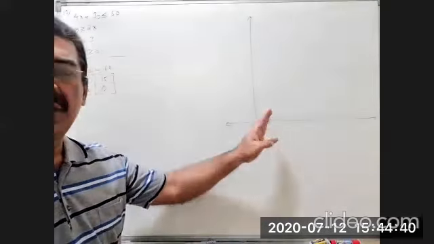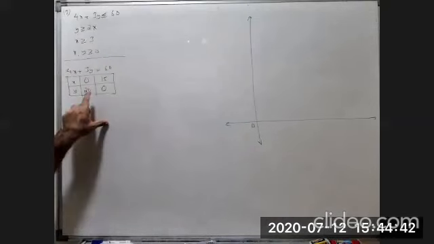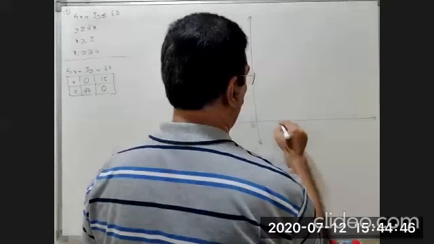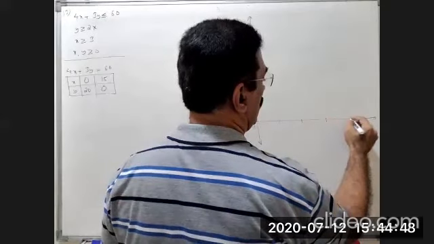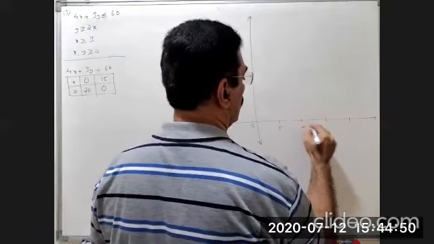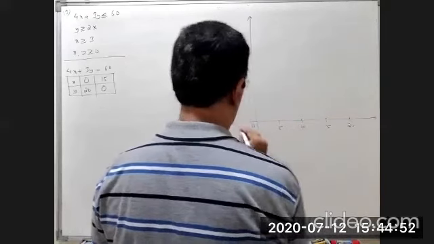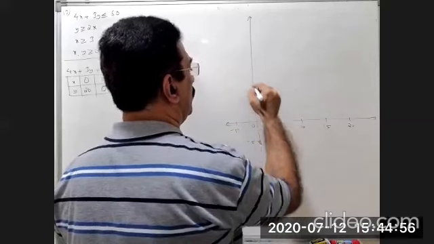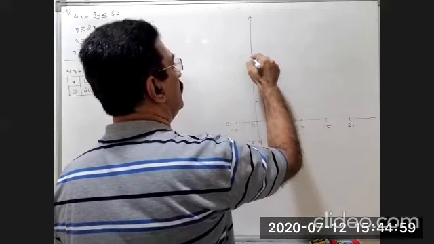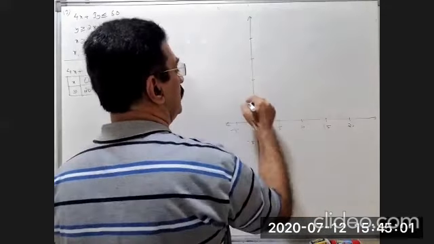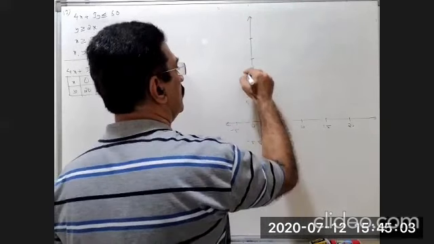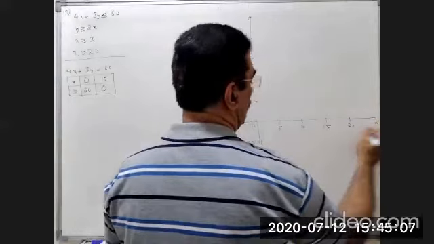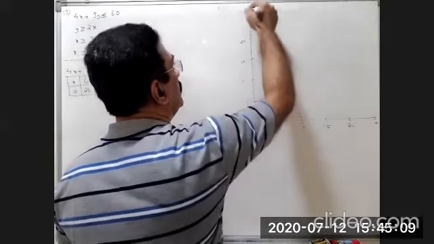So what's the appropriate scale? 5 is there. 5, 10, 15, 20. Minus 1, here also minus 1. 5, 10, 15, 20. X, y.